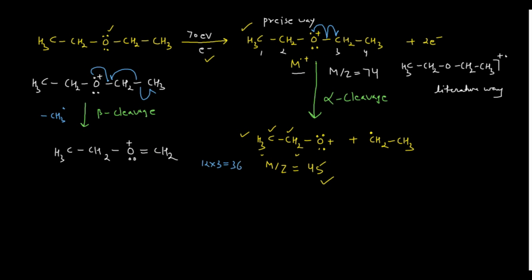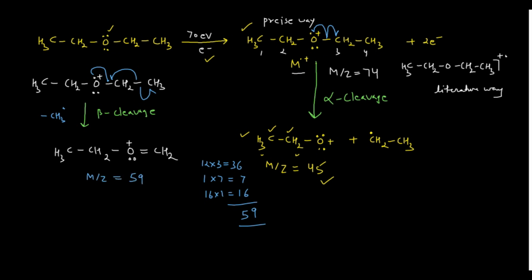Then you have 7 hydrogens, so 1 into 7 gives you 7, and 1 oxygen is there, so 16 into 1 gives you 16. If you add all together, you get 59. So this species has an m/z value of 59.